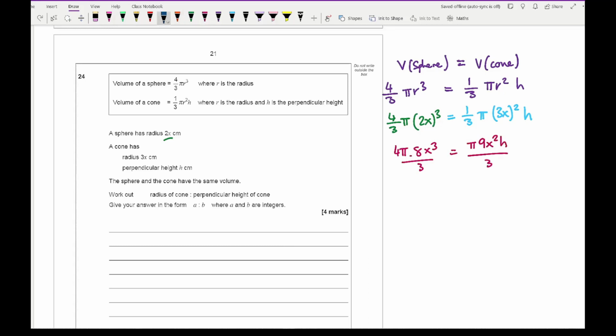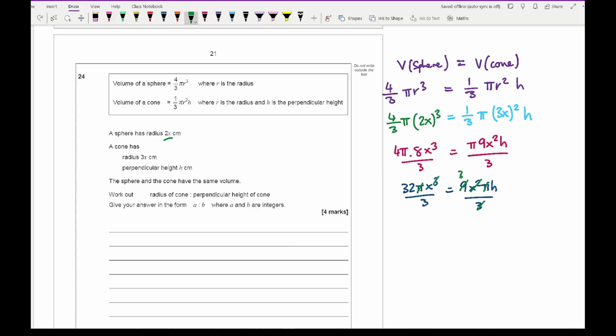Then if I start simplifying all of this, I get 32 pi x cubed equals, I can simplify this 3. 32 doesn't go into 3, so I'm going to leave that as it is. And I can cancel the pi because they've both got pi. Get rid of this x squared, and we've got 1x.